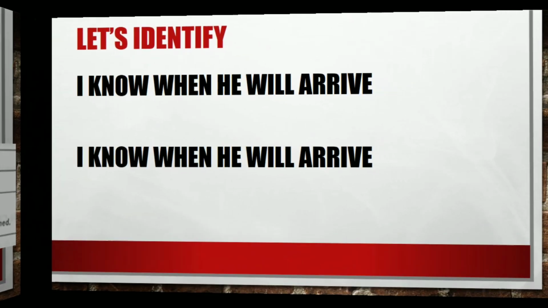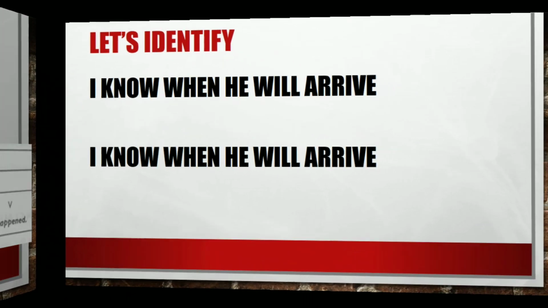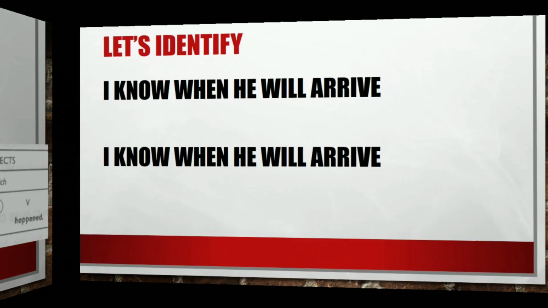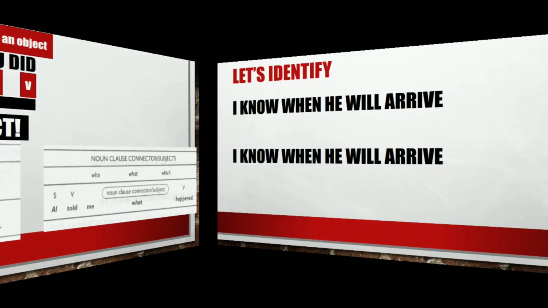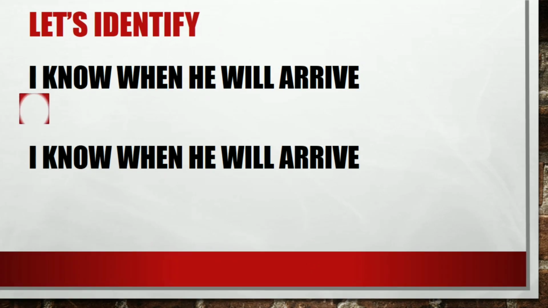Double verb juga. Ada know dan ada arrive. Untungnya, luckily, because we know the concept of noun clause, we will not think about that. Okay, let's break down this sentence. We can see that the subject and the verb of the sentence are I and know. Don't get confused with when he will arrive. Jangan bingung sama when he will arrive.